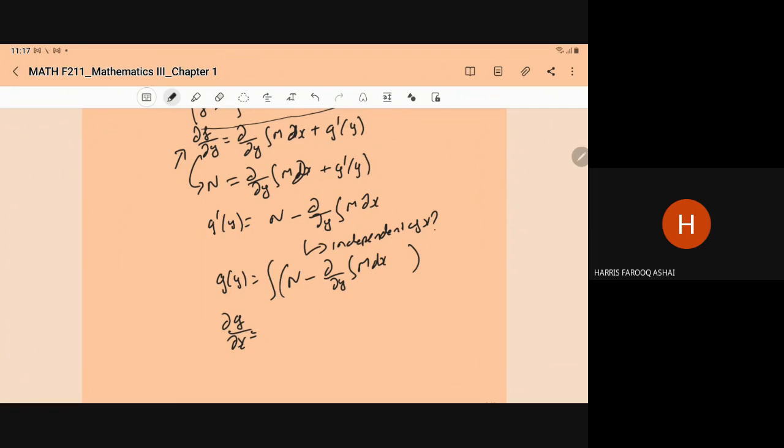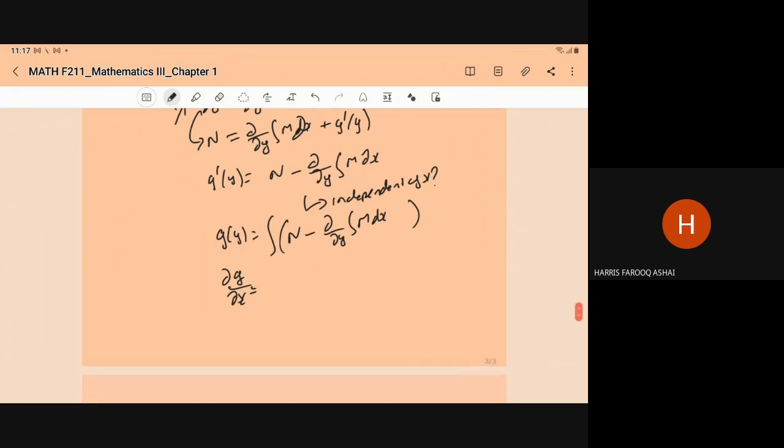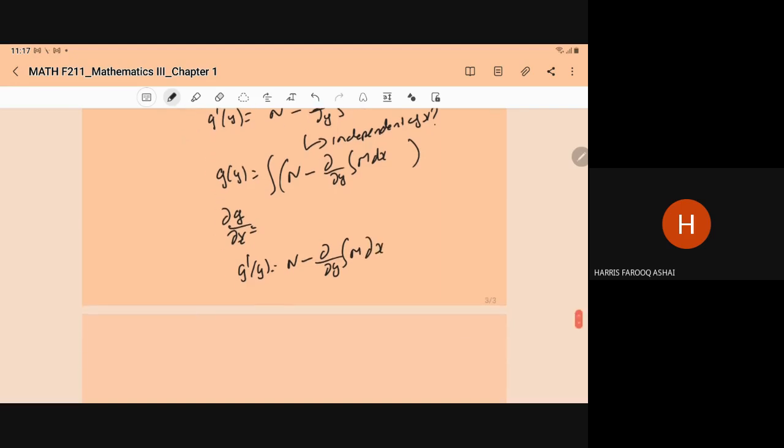I am saying that g dash y is n minus del by del y of the integral m del x. So they are saying that it is a strict function of y.